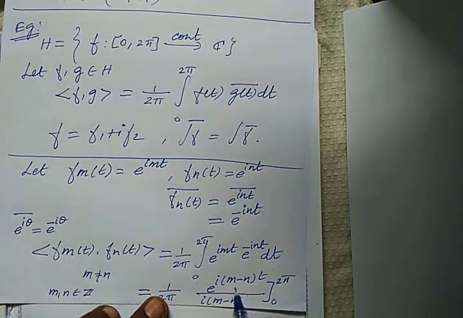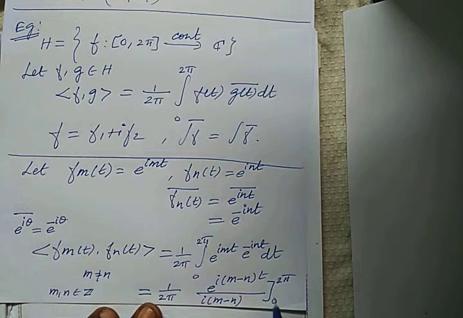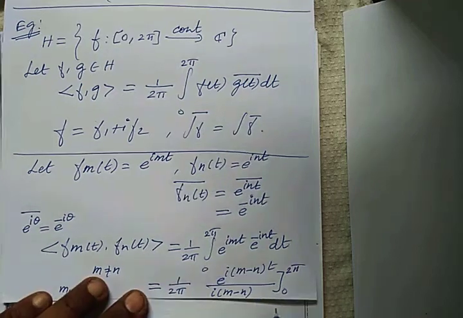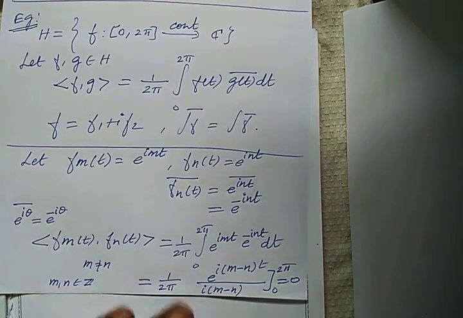If you apply the upper limit, we will get e to the power i times this integer into 2, so some 2k pi. If you apply 0, it is 1. Anyway, if you apply upper and lower limits here, you will get 1 only. The numerator will be 1 only. But when you apply the lower limit, you will get some minus of the lower limit. So this will be equal to 0.